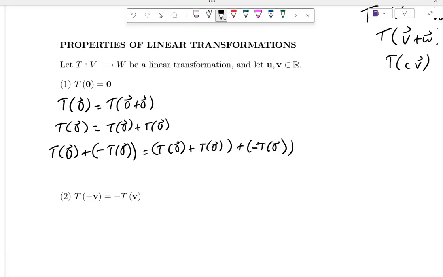The reason why we added the inverse is because on the left-hand side now we have what? The 0 vector. On the right-hand side, I need to do something before I get to the 0 vector. What do we need to do? Reassociate. Good.